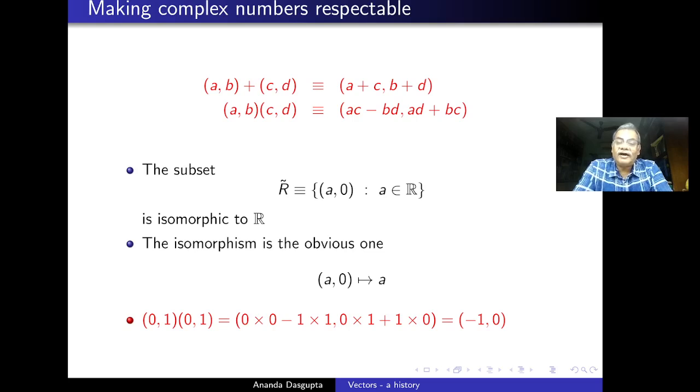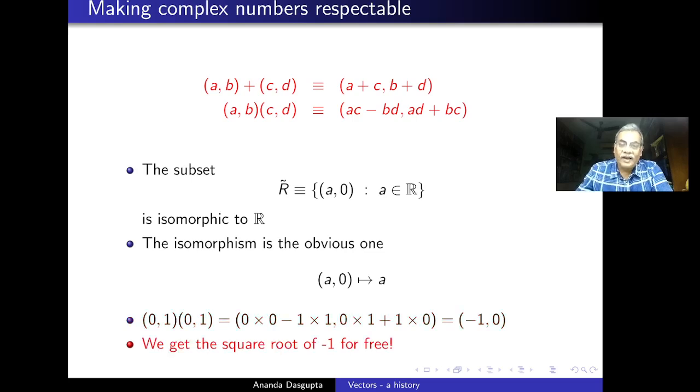So 0, 1, according to this multiplication rule, multiplied by itself gives you a number which is essentially minus 1. Remember, A, 0 is essentially the same as A. So the square root of minus 1 essentially is a standard element of this set, just 0, 1.